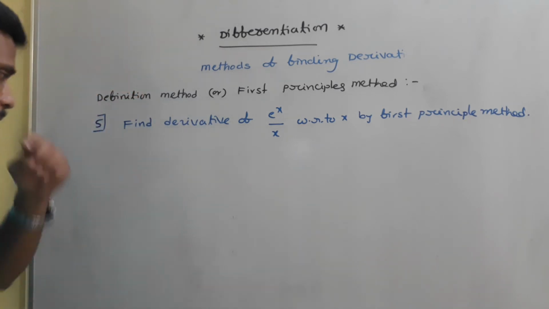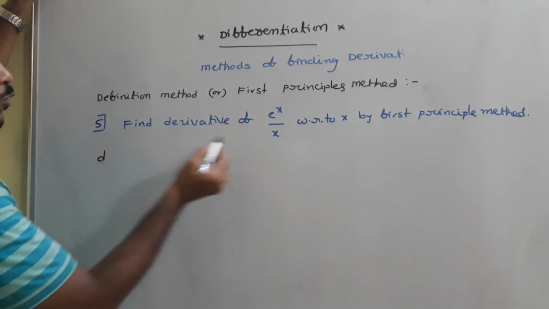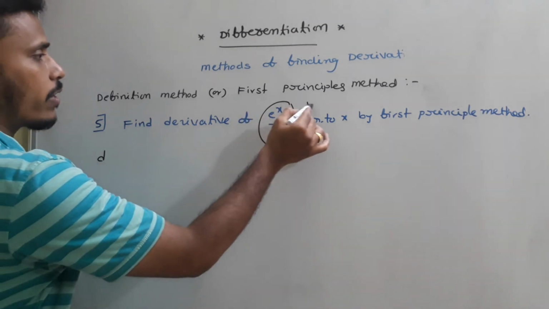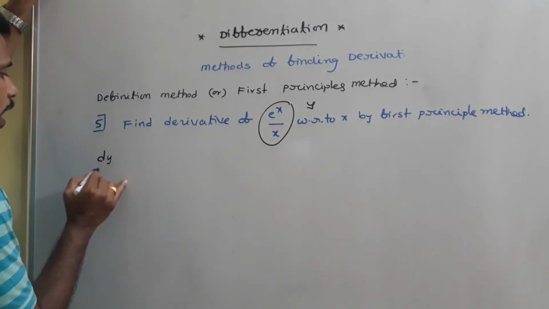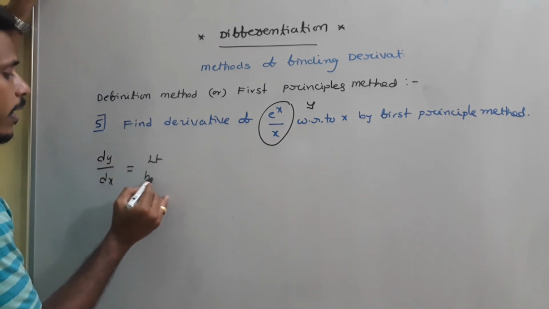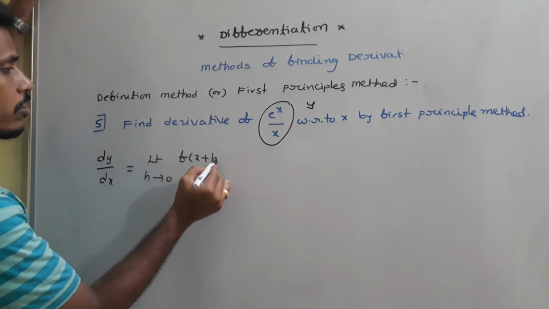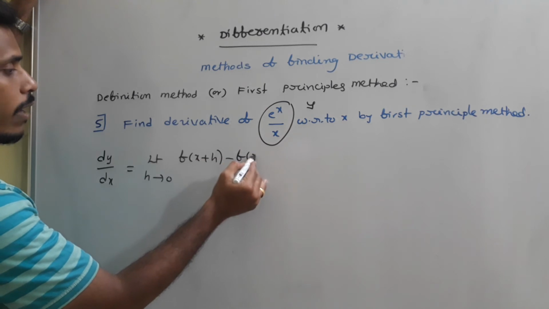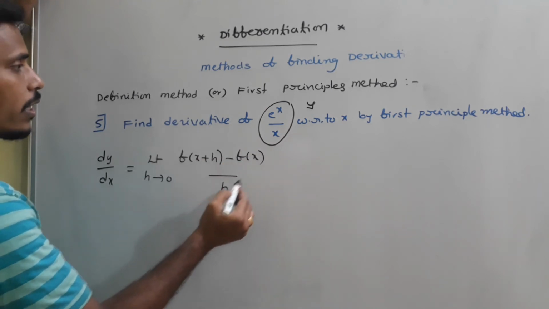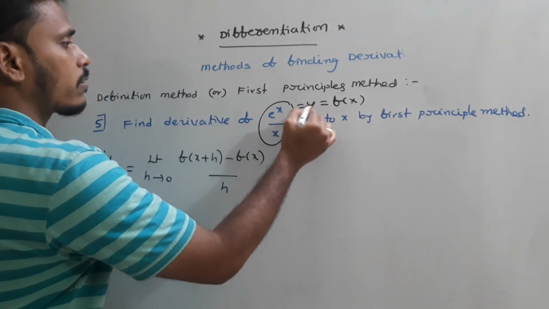At present, how to find the derivative for this? Call this function y for some time. Then dy by dx equals limit h tends to 0, f of x plus h minus f of x divided by h. Take this e power x by x as y, which is the same as f of x.